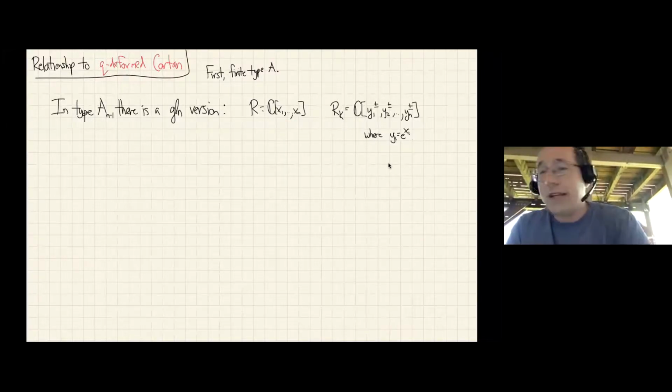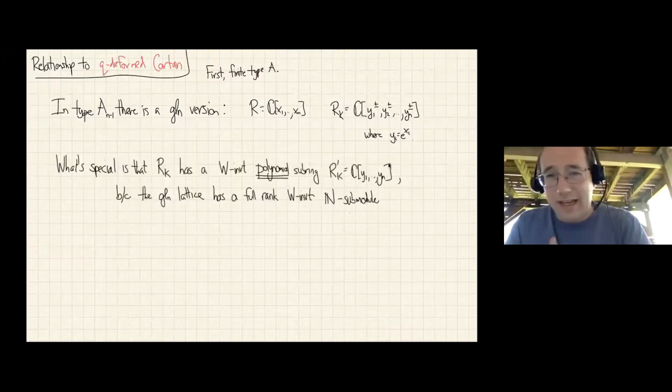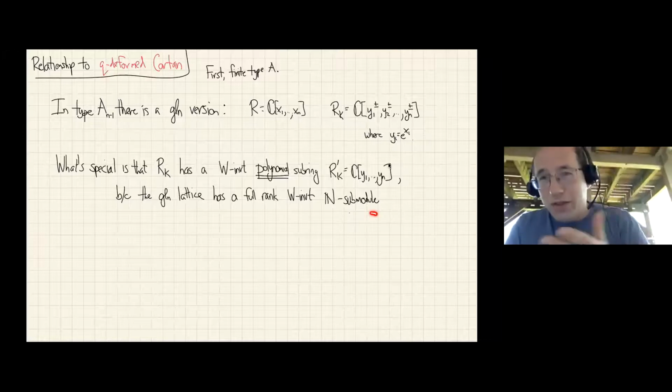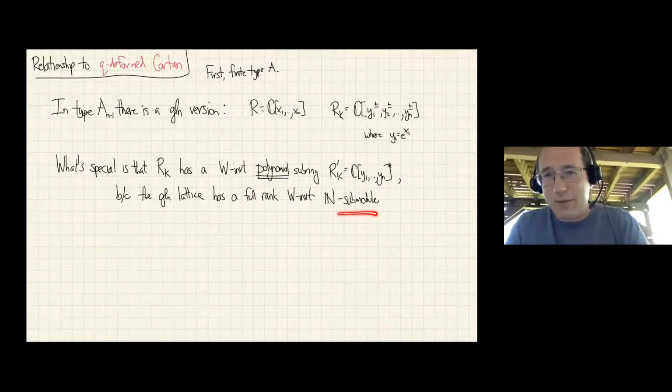The K-theory ring is a Laurent polynomial ring in n variables permuted in the usual way. And a Laurent polynomial ring has a polynomial subring inside it. Effectively, this is because the lattice has an orthant inside it, a quadrant preserved by W. That doesn't happen for SLN.